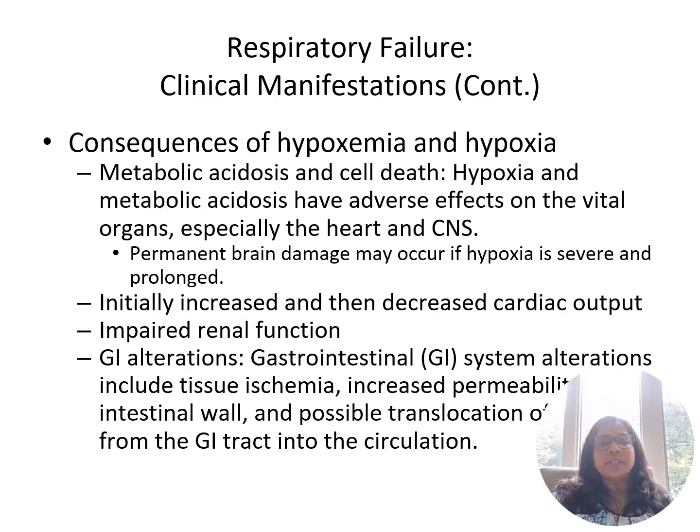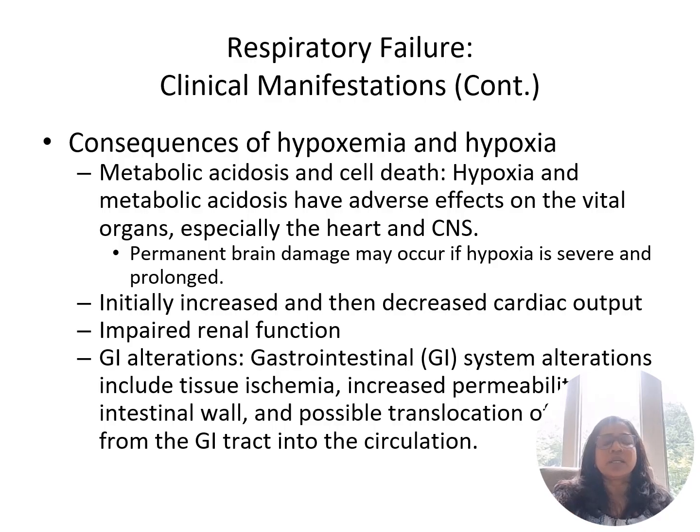What happens with hypoxia and hypoxemia is that the lack of oxygen supply leads to anaerobic respiration, so they go into metabolic acidosis. CO2 retention also leads to respiratory acidosis. So always remember that with CO2 retention they're going to be in acidosis, and hypoxia also causes acidosis.